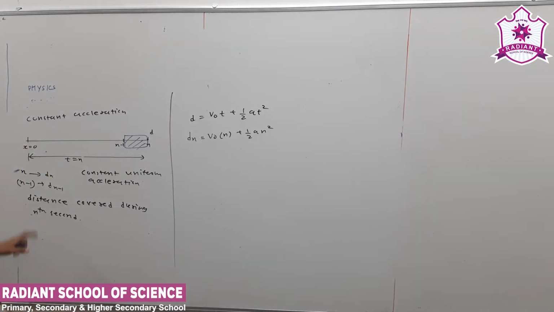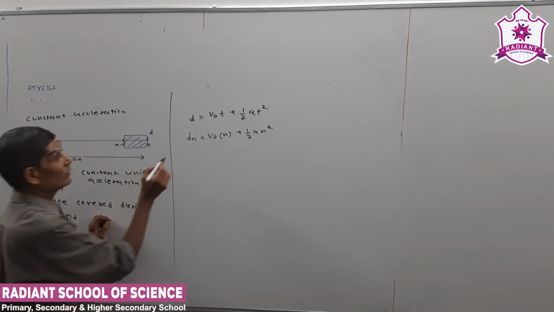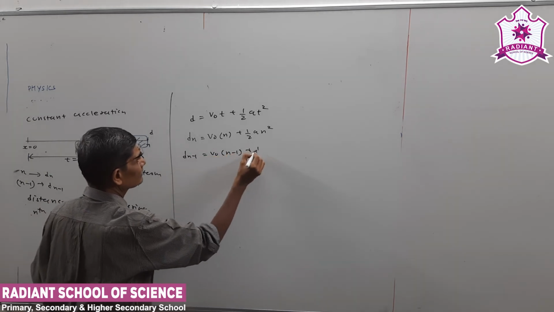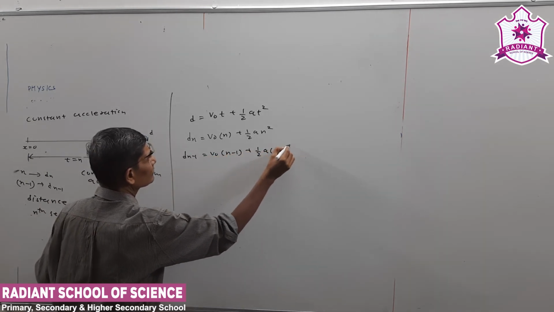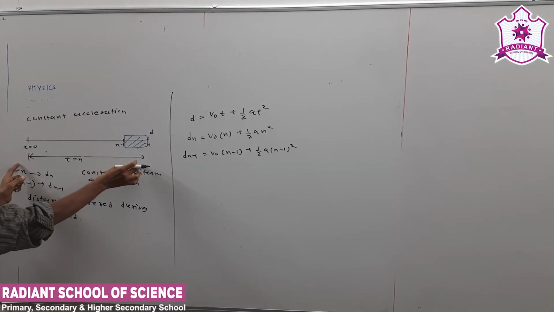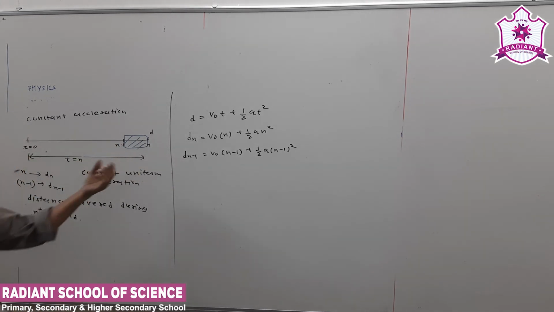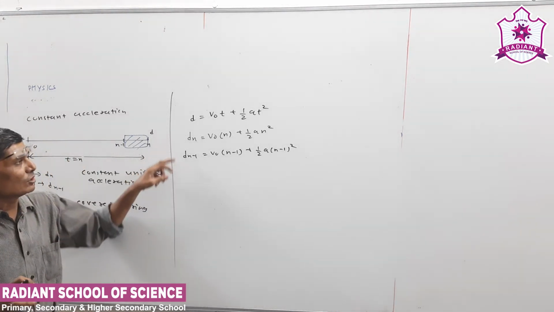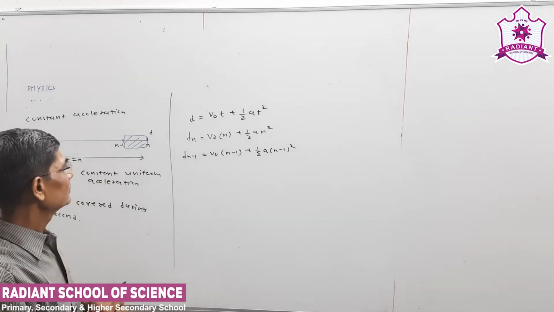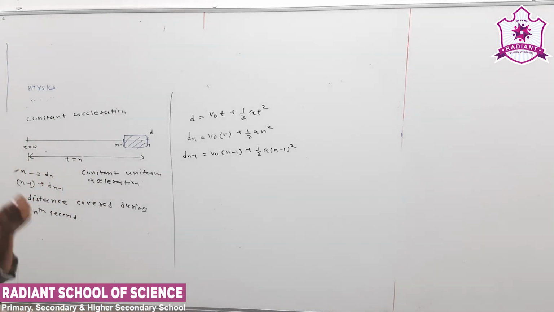Now see, next is 1 second before, that I call as d n minus 1. Okay, now this is the distance covered in n seconds, this is the distance covered in n minus 1 seconds. If I take the difference of these two, that will give us the value of the distance covered during the nth second.